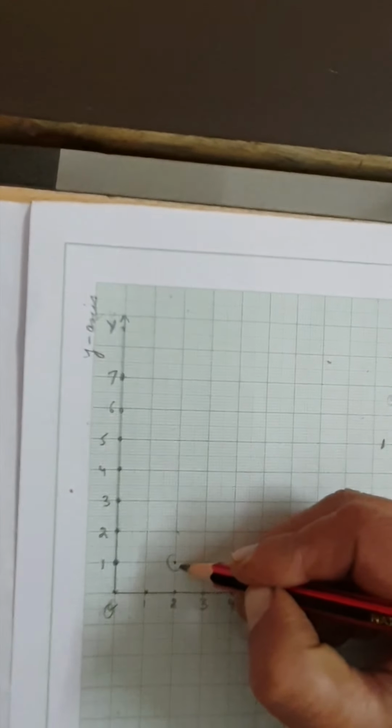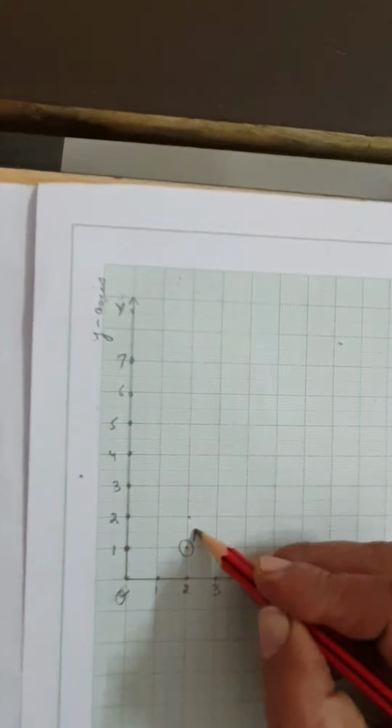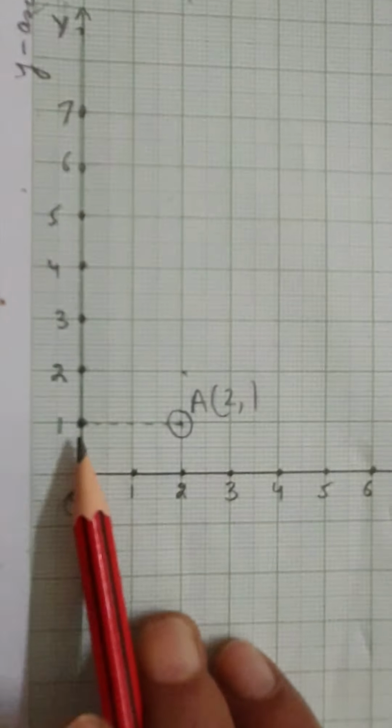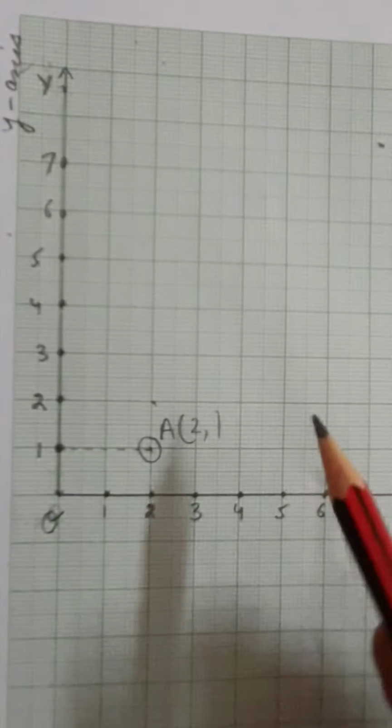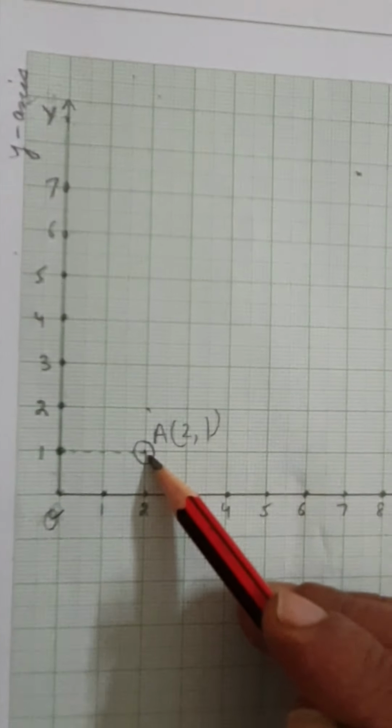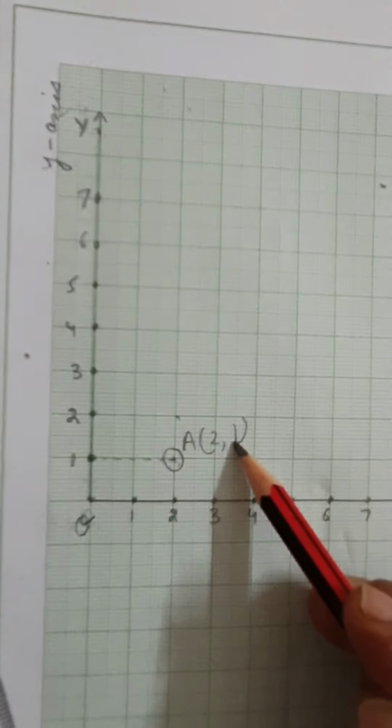So you have to circle it and write this is A having the coordinates 2 and 1. You can show it with the help of the dotted line also if you want. That is optional, right? I can just mark a dotted line showing the gap of this point from y-axis is 2 units and from x-axis it is 1 unit. So the coordinates are 2 and 1.